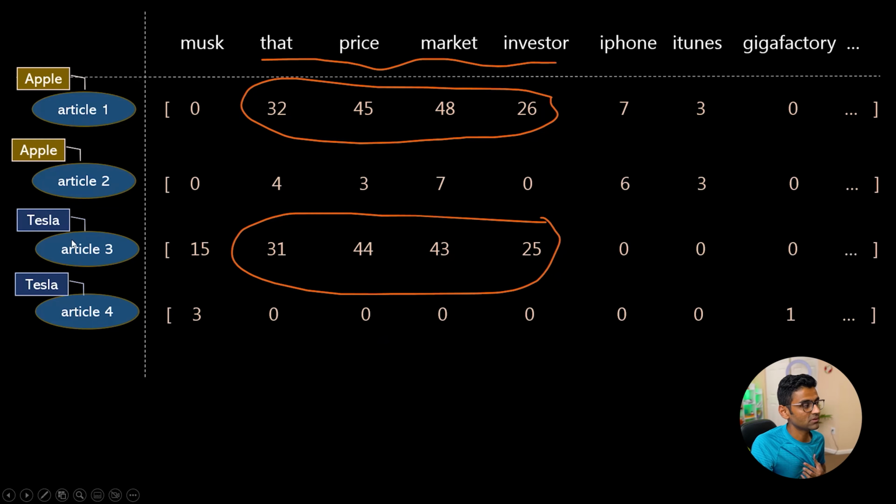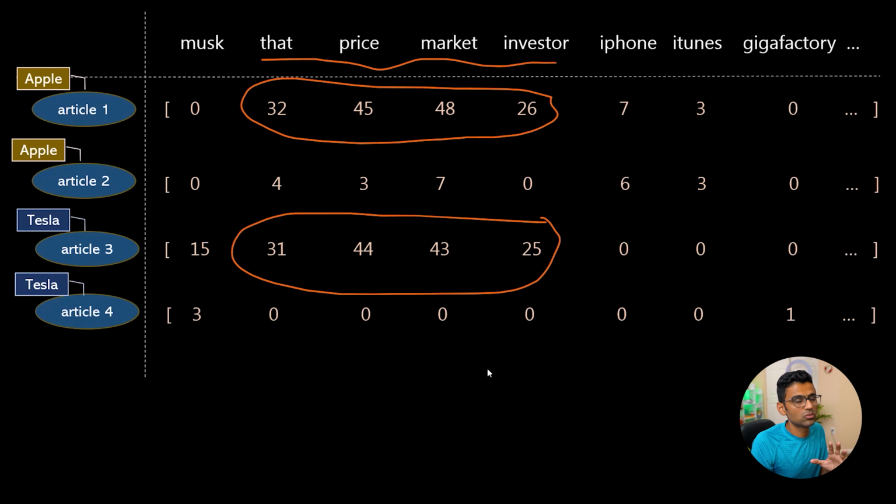One is from Apple, the third one is from Tesla. Looking at just the vectors, this 7, 3 is not matching here, it's 0, 0. But the other terms are kind of equal, and there are 4 of them. In reality, there could be 100 such terms in your vector, and your computer will think these two are related articles, but that is not the case.